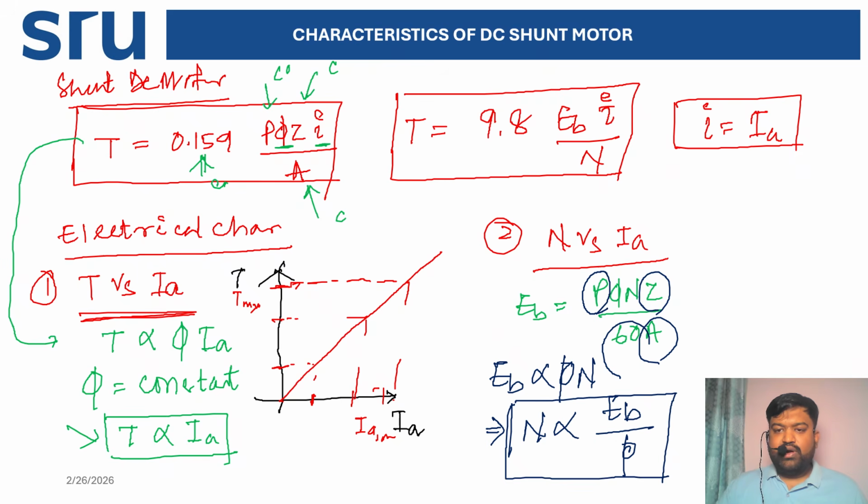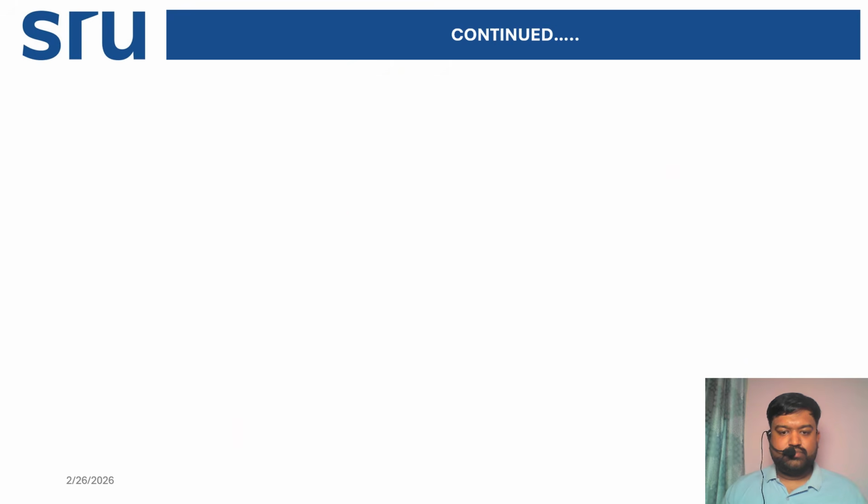EB is your back EMF, right? If N is directly proportional to EB and inversely proportional to phi, then what will happen? First find out the EB value in the shunt motor.